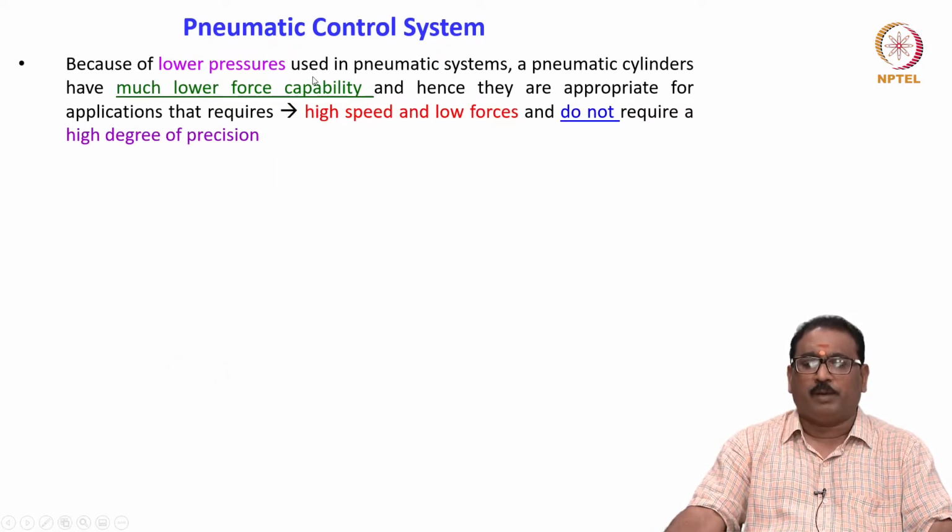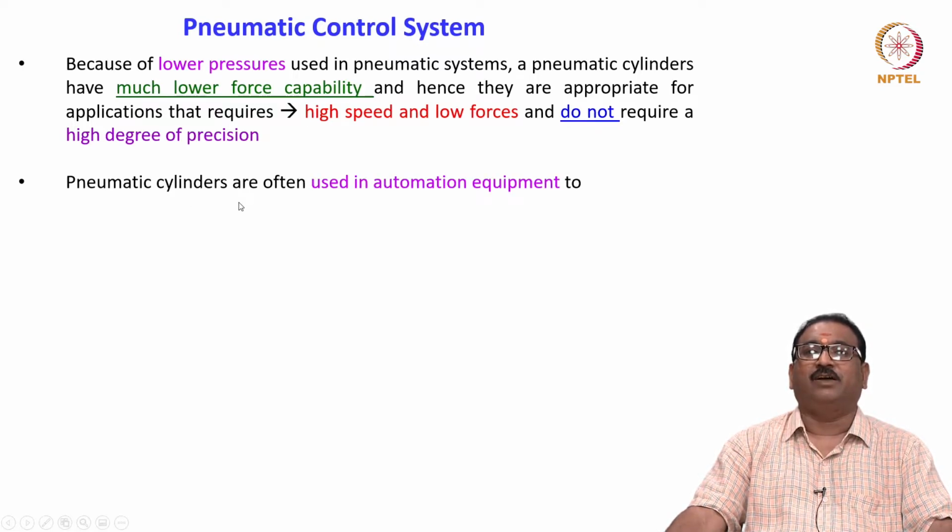Because of lower pressures used in pneumatic systems, pneumatic cylinders have much lower force capability and hence they are appropriate for applications that require high speed and low forces and do not require a high degree of precision.